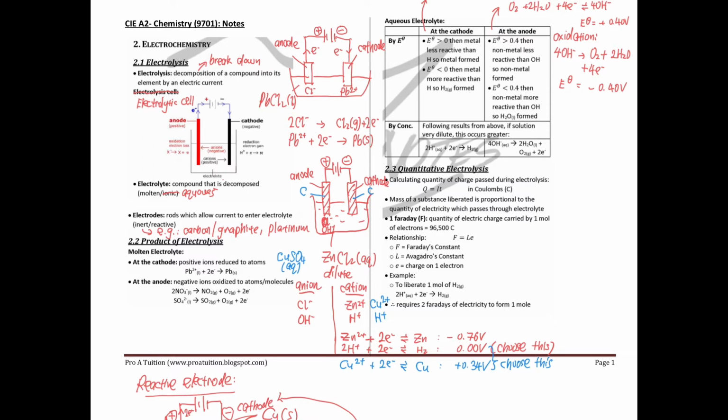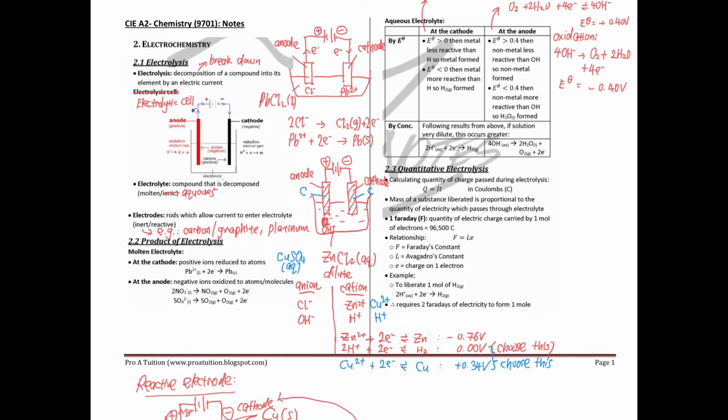Now we look at the anion or the anode side. If I follow the red color example, zinc 2 chloride, we have chloride from the compound, and we have hydroxide from water. So let's look at the E theta first. Let me write down the equation.